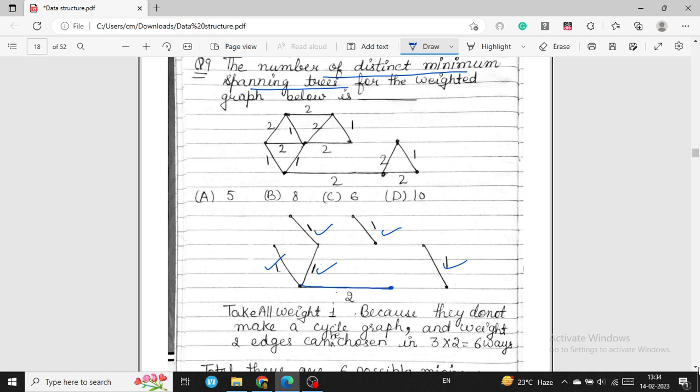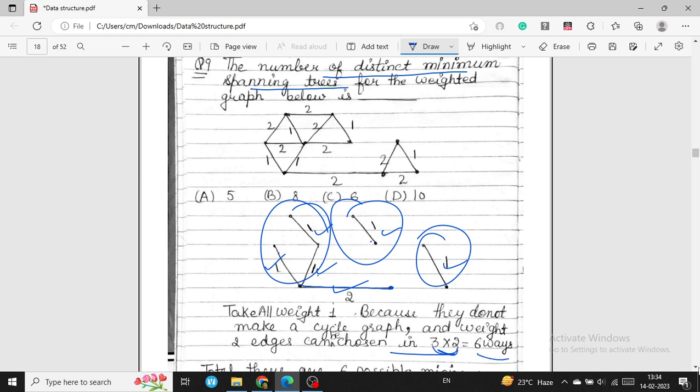Here you should keep in mind that in a spanning tree there should not be a cycle, and weight 2 edges can also be chosen. We have the weight 1 edges, and there are 2 choices of weight 2 edges.